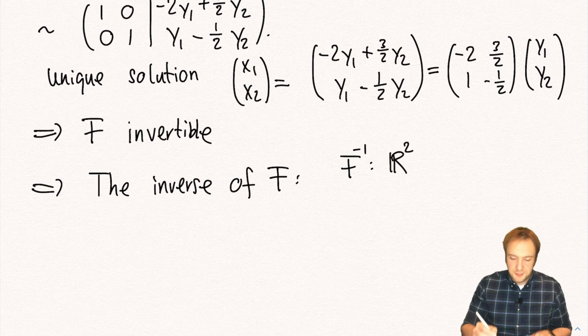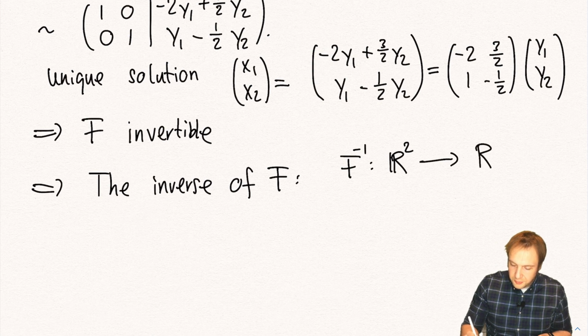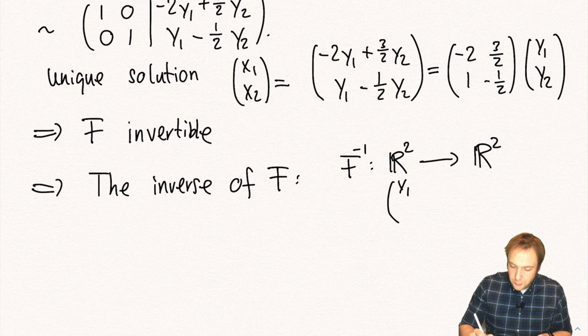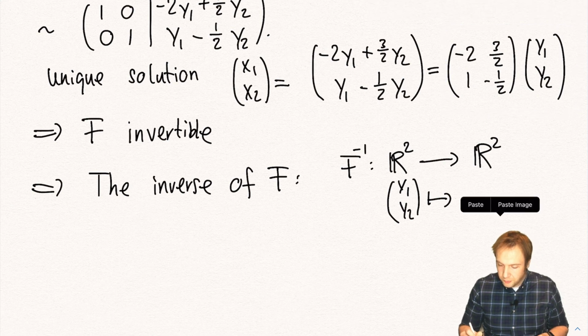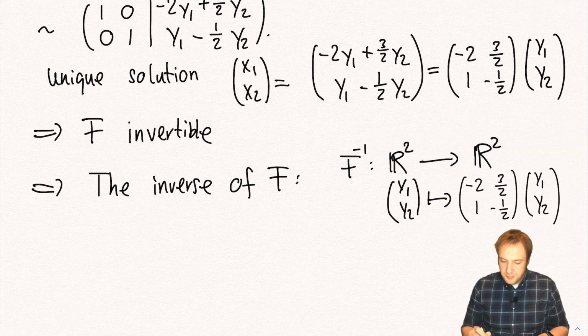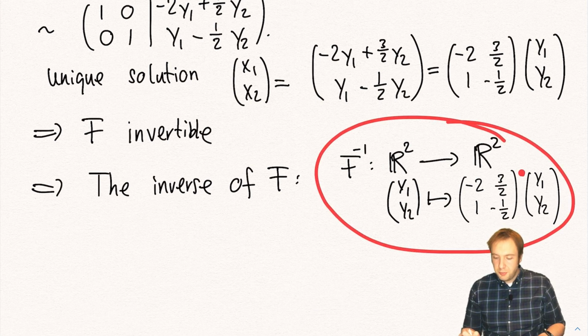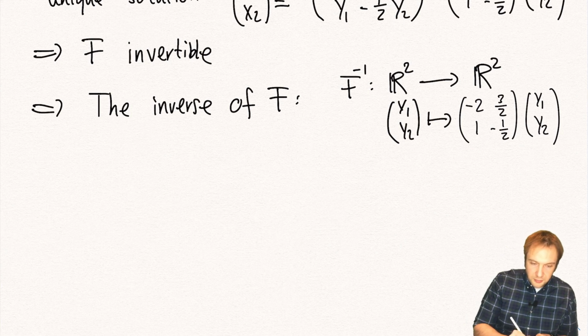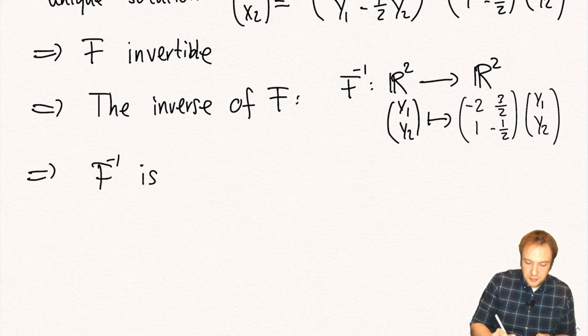In this case, the sets X and Y are both R2, but we still go from R2 to R2 by sending a vector y1, y2 to exactly this part here. So we multiply with this matrix. And in particular, this is also a linear map because it's just multiplication with a matrix. So in this case, the inverse is linear.